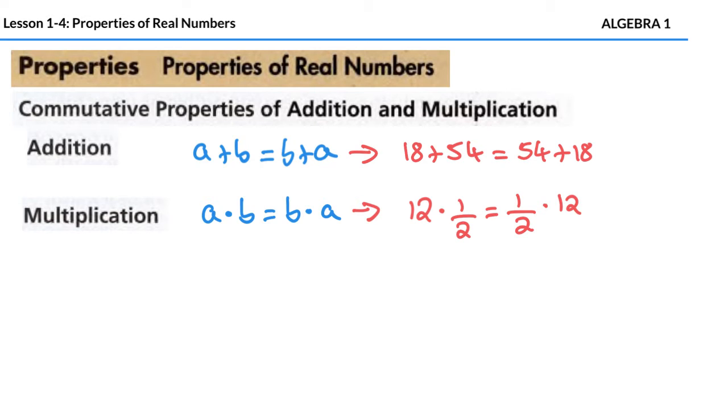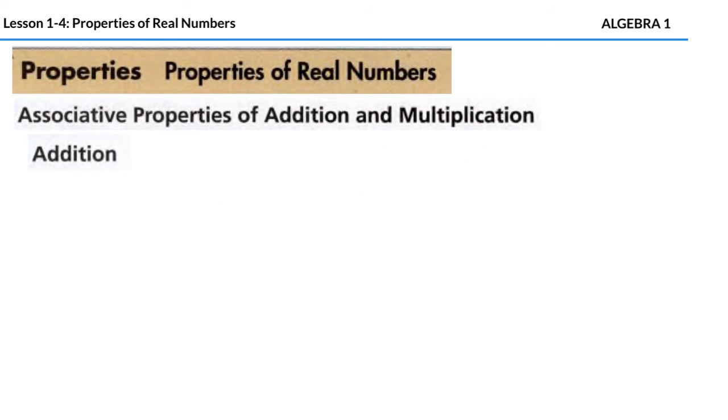Now let us look at the second property of real numbers, that is associative properties of addition and multiplication. What does the associative property of addition say? It says that changing the grouping of the addendums does not change the sum.